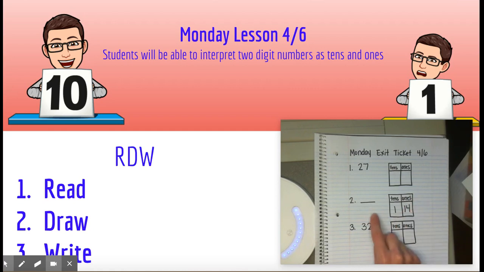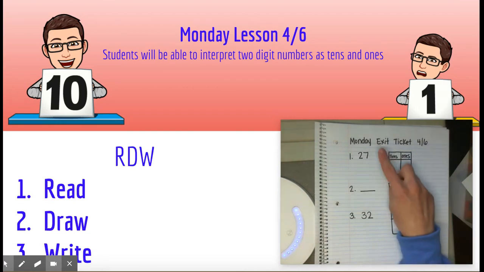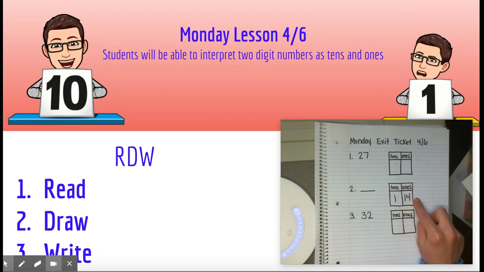So remember to draw them in your space before finding out what that equals altogether. And then for number 3, you're going to tell us how many 10s and how many 1s would be in 32. You can pause this video so that you can copy down 27, 1 10 and 14 ones, and 32.